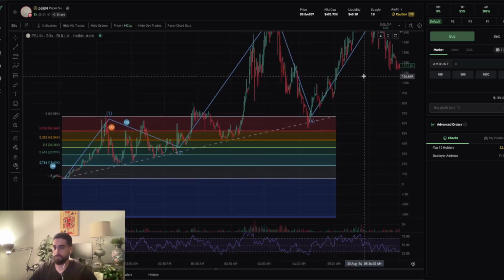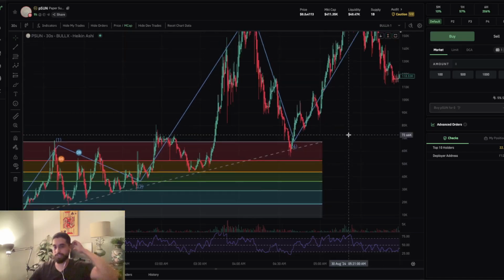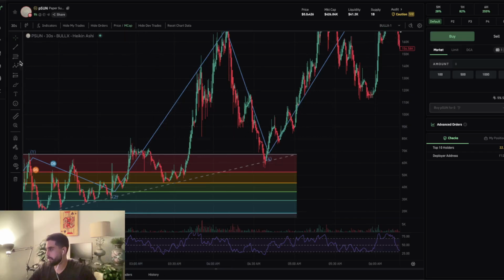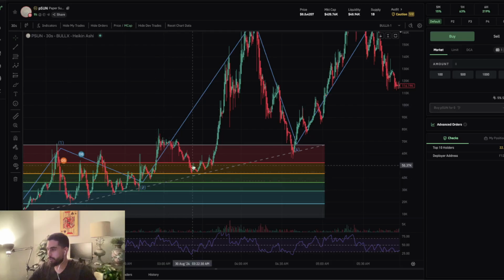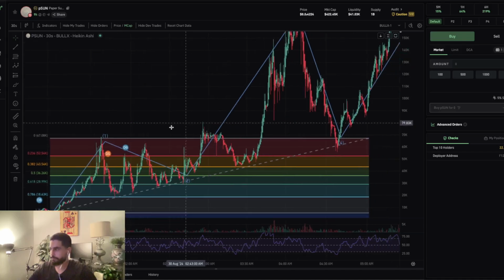So let's look a little bit more here and see how we can back engineer the price action, so you can in the future know what to look for and what not to look for. So after each wave, so this is wave 2, usually the next impulse wave will start from the 0.5 Fibonacci, usually.